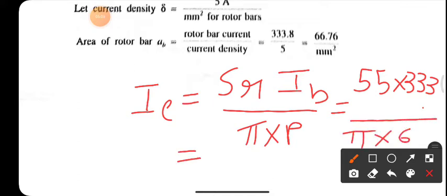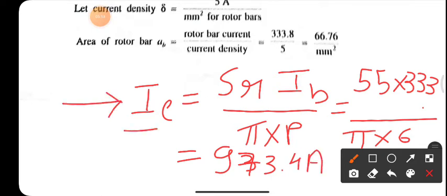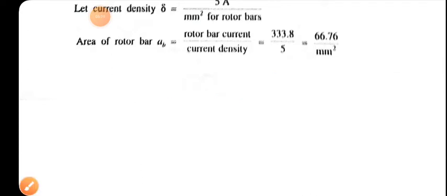When we simplify, we get the end ring current as 973.4 amperes. This is the equation by which you get the current passing through the end ring. Now we want to find the area of the end rings.